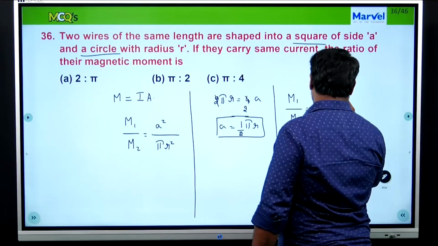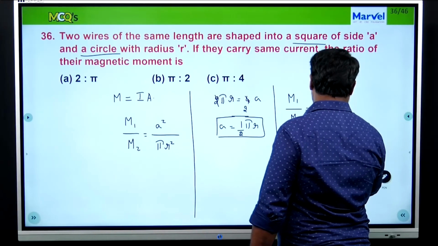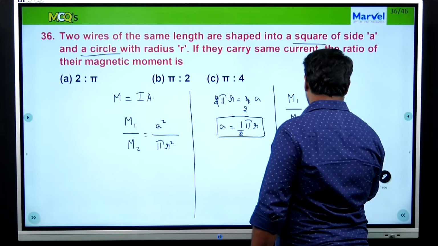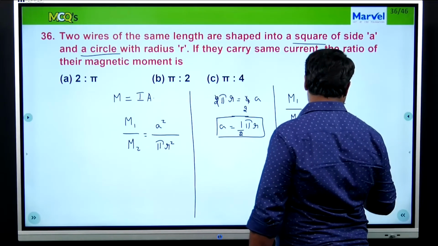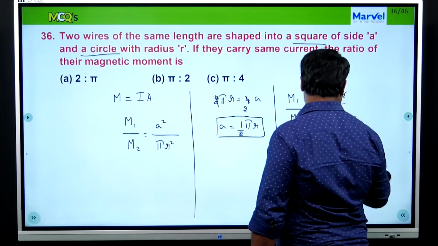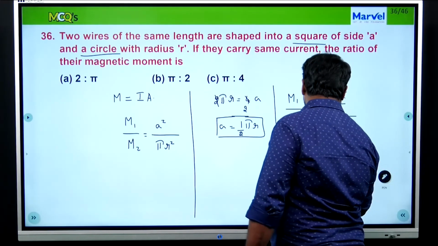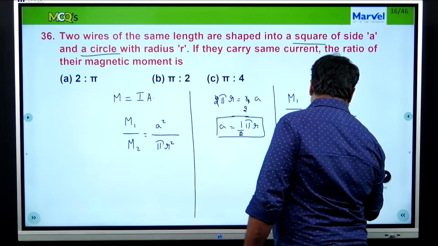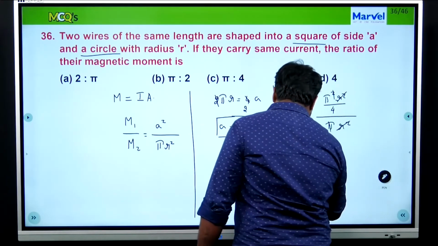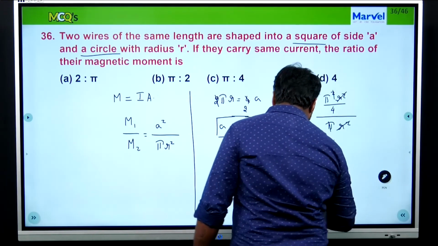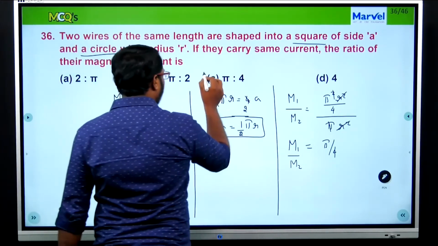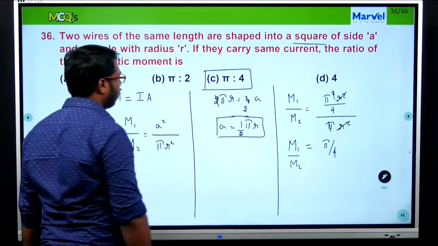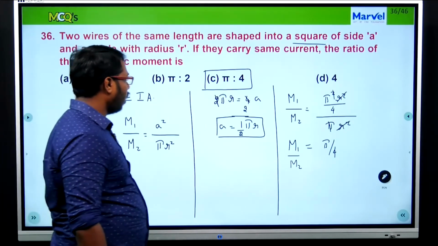So pi squared R squared by 4, divided by pi into R squared. Now R squared and R squared will cancel, pi and pi will cancel. What you are left with is pi by 4. That is the ratio of the magnetic moment of the square and the circle. So option C will be our answer.